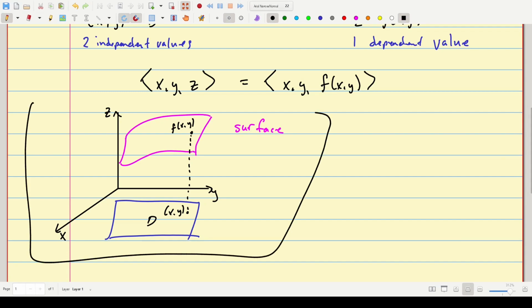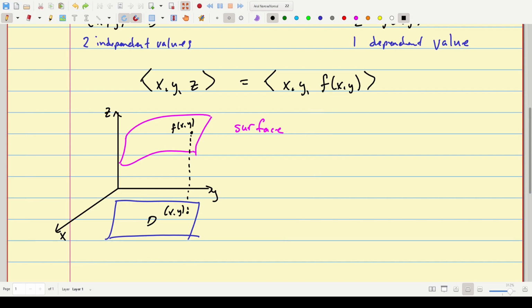In this example here, we are talking about three-dimensional space, right? How many dimensions does this object have? It has 2. Okay.